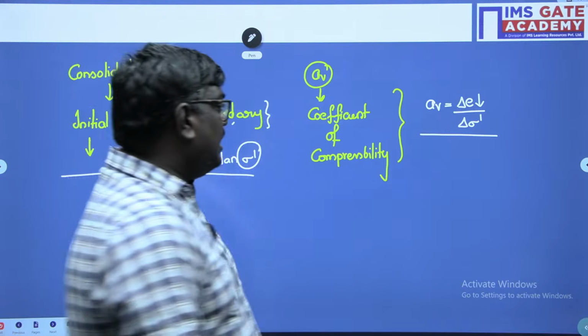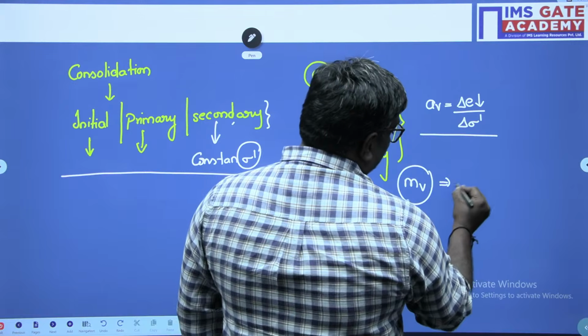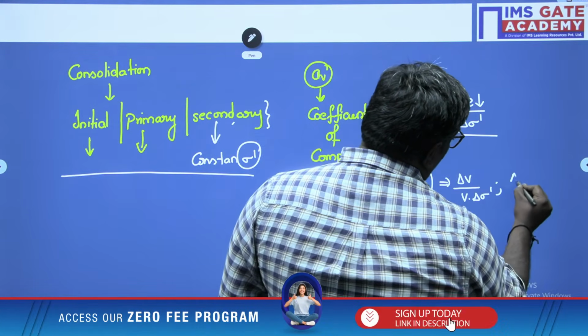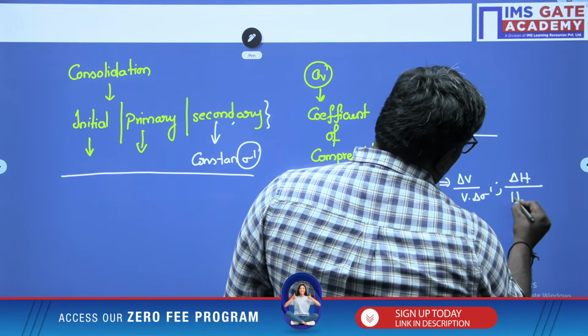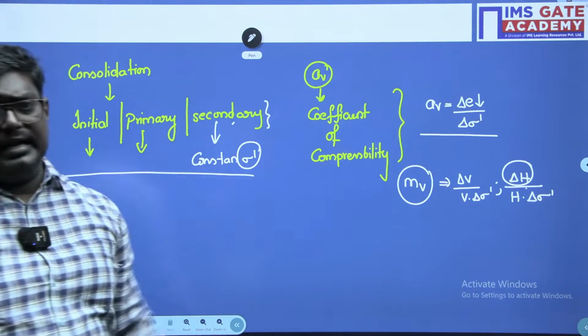Similarly, there is the coefficient of volume compressibility, which is delta V by V into delta sigma dash, or delta H by H into delta sigma dash. So using this formula, you can get delta H.